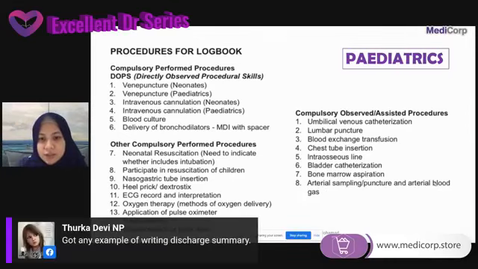Turka Devi asks, got any example for writing discharge summary? Okay, if you download the medicine logbook, there will be a part on how to do a discharge summary or criteria for a good discharge summary. Okay, but if you want to practice, susah lah nak practice sebab belum masuk houseman kan. But you can see some examples in our advanced Medicorp pre-HO online course.